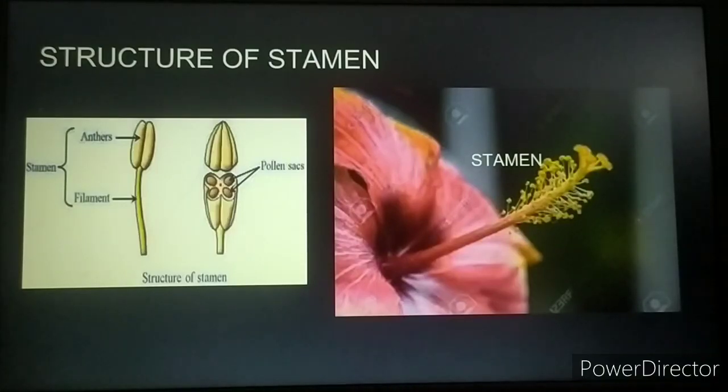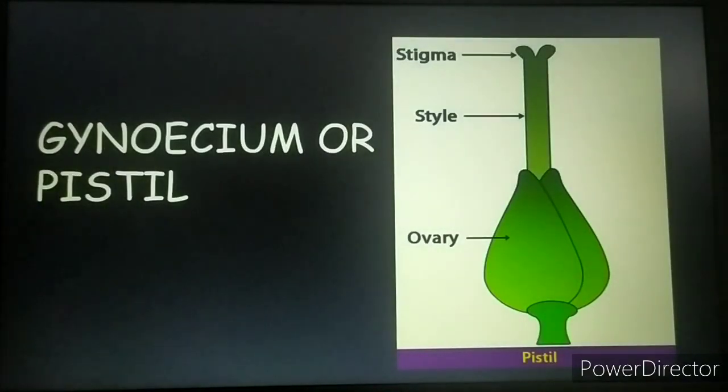Then the next whorl of the flower is the gynoecium, or we can call it the pistil. It is the fourth whorl of the flower, and it is the innermost whorl of a flower. It is formed of a single flask-shaped structure. As you can see here, it looks like a flask.